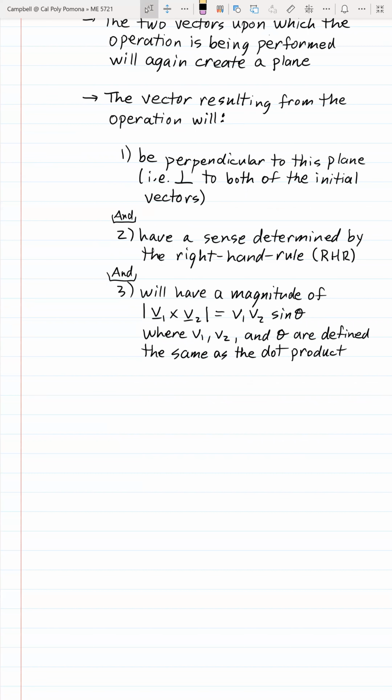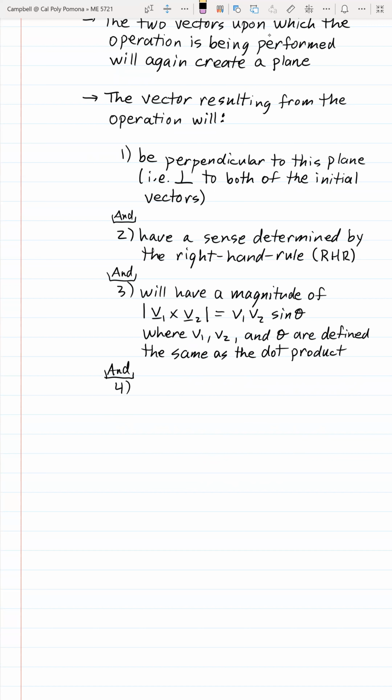So that gives us a bit of an understanding of what's going on with this particular idea of a cross product. An additional property, and I'll just go ahead and add it on even though I don't have it in my notes, but it certainly is important enough to write down.